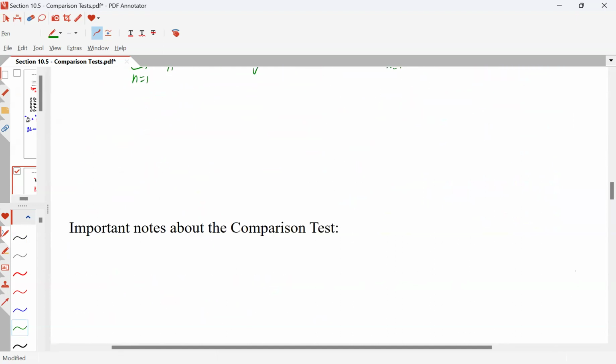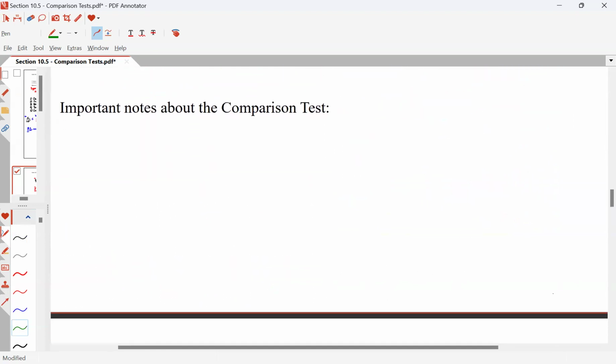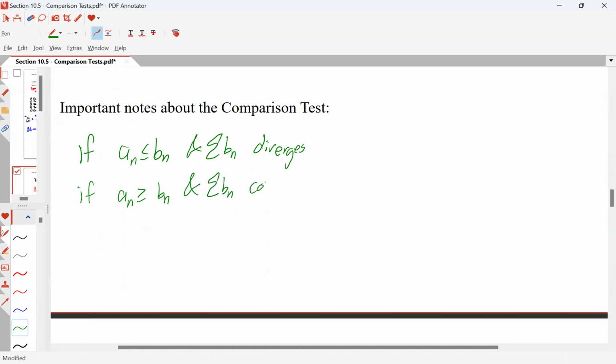However, let's make a couple of notes. There are a couple notes about the comparison test that are important to pay attention to. And these are the same notes we made about the integral comparison test. If we have the inequalities essentially backwards, say an is smaller than bn, and we know the series of bn diverges, so the big thing diverges, or we have an bigger than bn, and so now bn is the small thing, and the small thing converges.